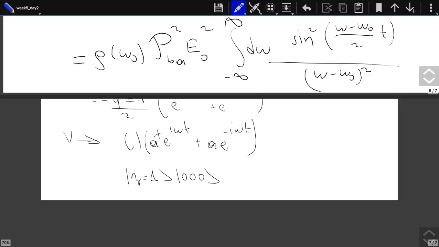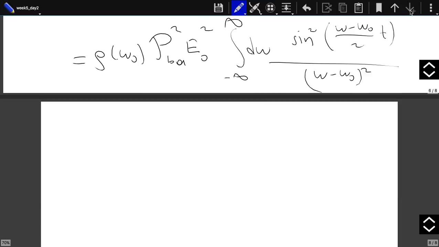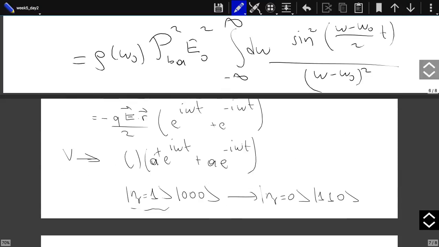We have this 1 photon state, and we are in the ground state, and we are looking at the transition from this state to 0 photons and the 1, 1, 0 state. This is the stimulated absorption. These a and a daggers just act on this part, not on the other part. And this is absorption.